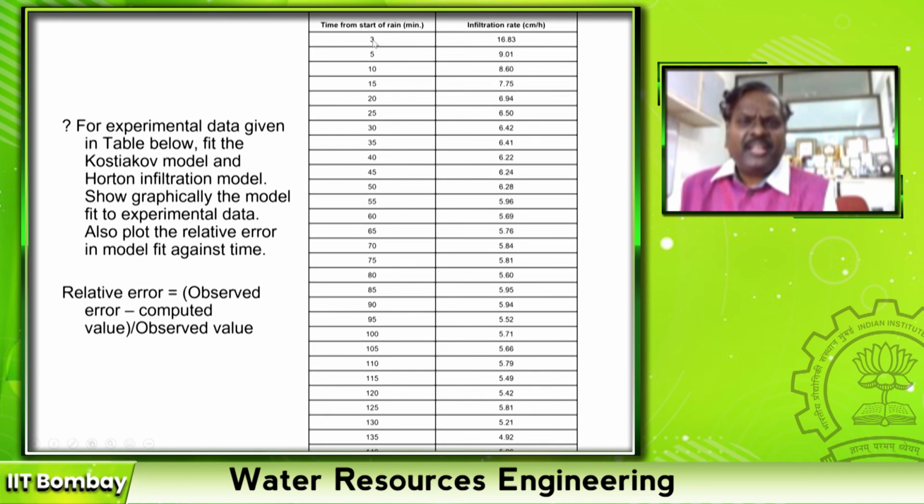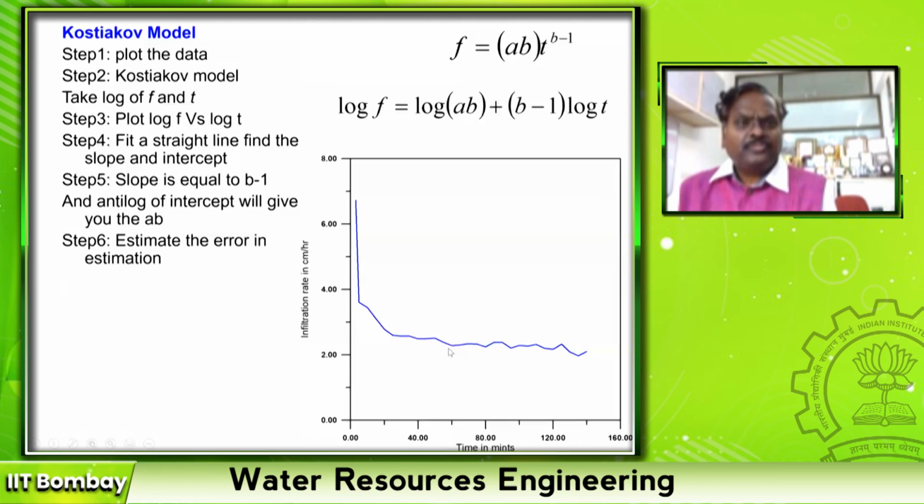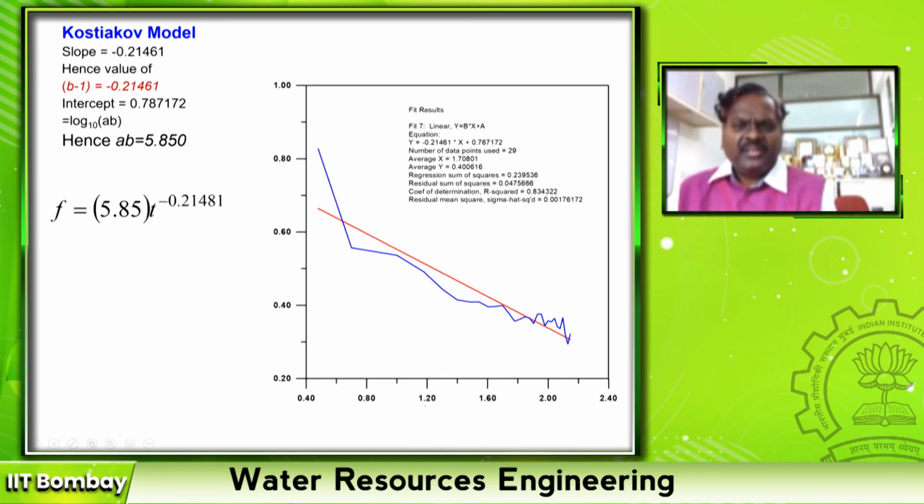So this is the time start in minutes, and this is the infiltration rate. I am not giving you how much volume you have estimated, then divided by your area, all these things. Now I am taking the value. So in the Kostiakov model, what I did, first plot the data, take log of f and log of t, plot in a natural logarithm.